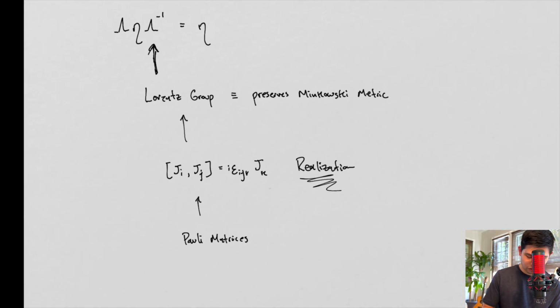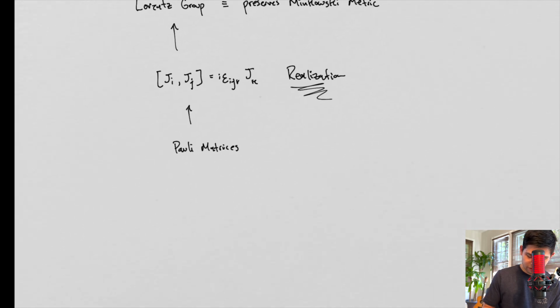So the question becomes, okay, these guys here operate on 4 vectors. What about these guys?